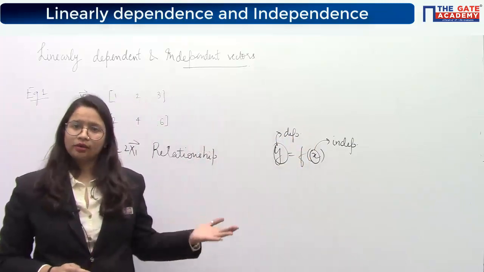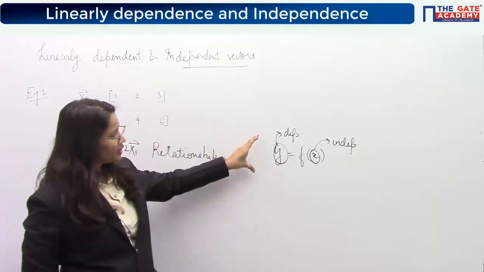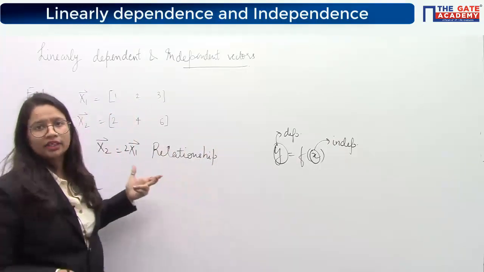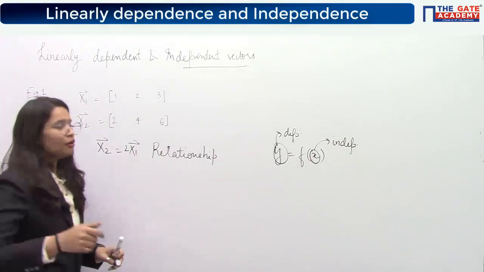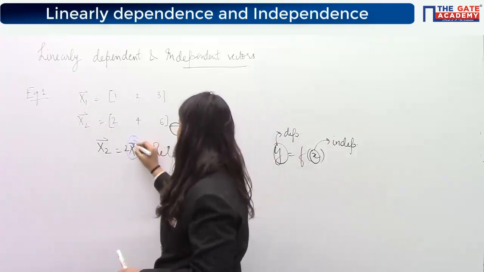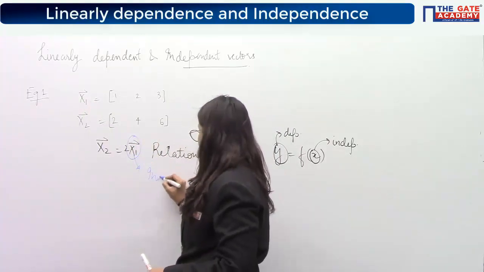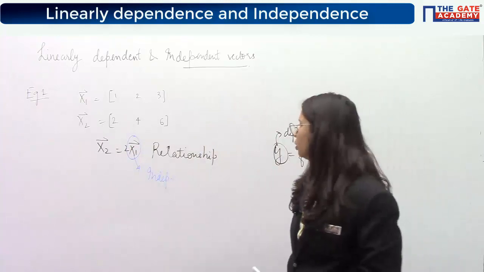This is about the calculus that we will see sometime later, but from this point of view, again you have a relationship here also. So following the similar analogy, can I say that this vector is independent?